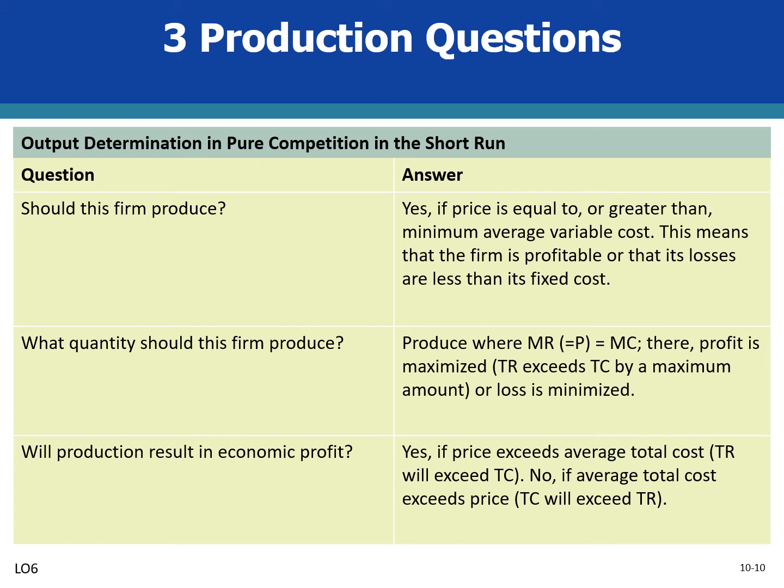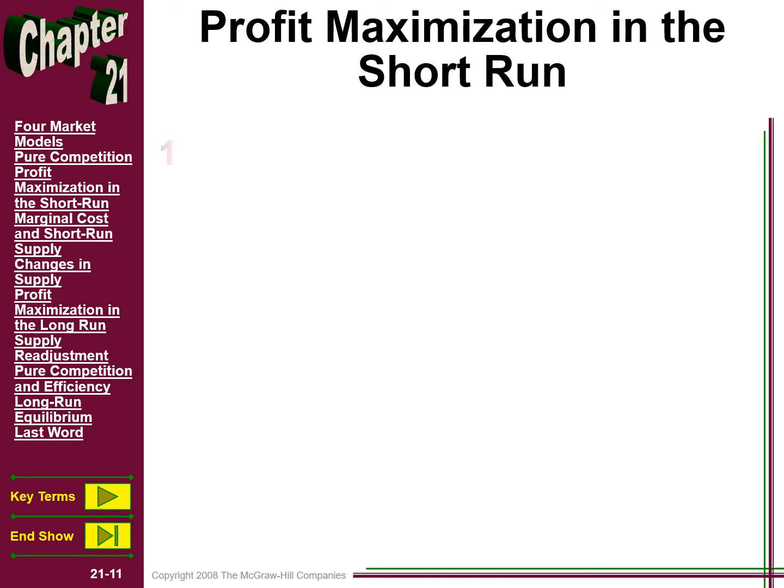Number two, we determined how many units we should produce, what quantity will represent profit maximization or loss minimization. The last question, will our production result in economic profit or short run loss? All right, and we'll demonstrate this again numerically and graphically so you can see visually and you can determine with data whether the firm is making a short run profit or suffering a loss less than its fixed cost.